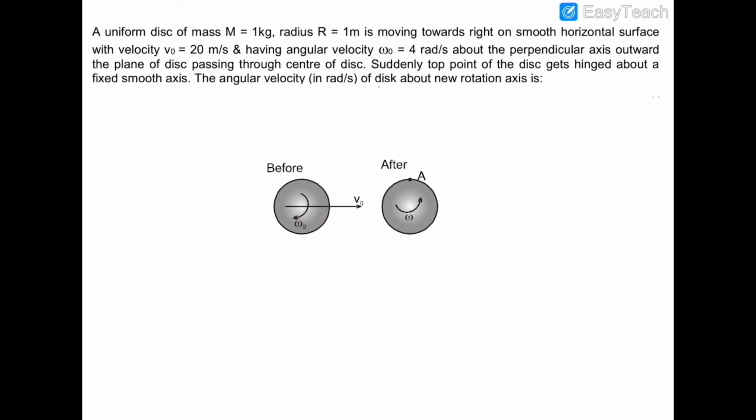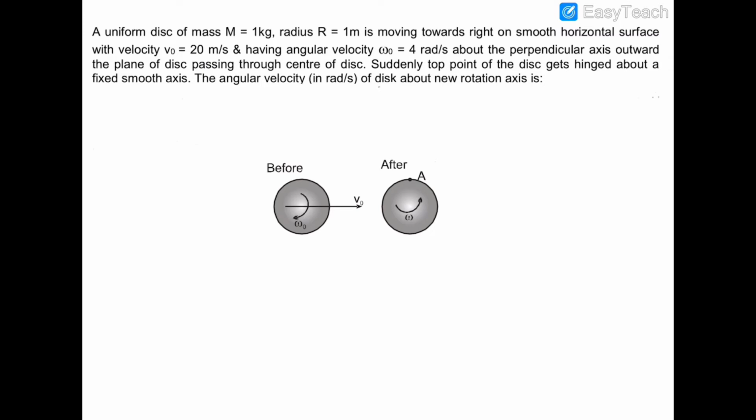Now suddenly its top point is hinged by a nail so that it would not move. So this disk, which was initially free to move and rotate, is now hinged about this point. As the disk is hinged, it would now rotate in anti-clockwise sense about this point, and we have to find that new angular velocity.